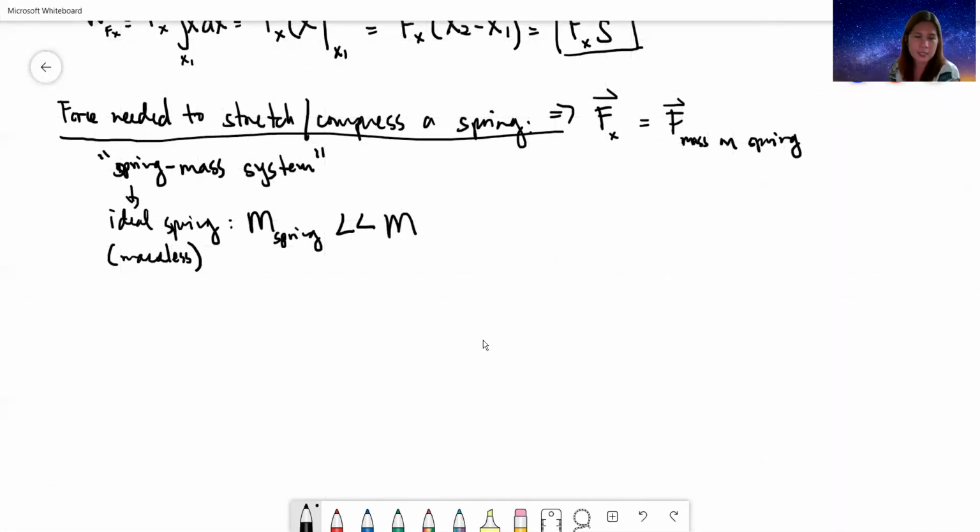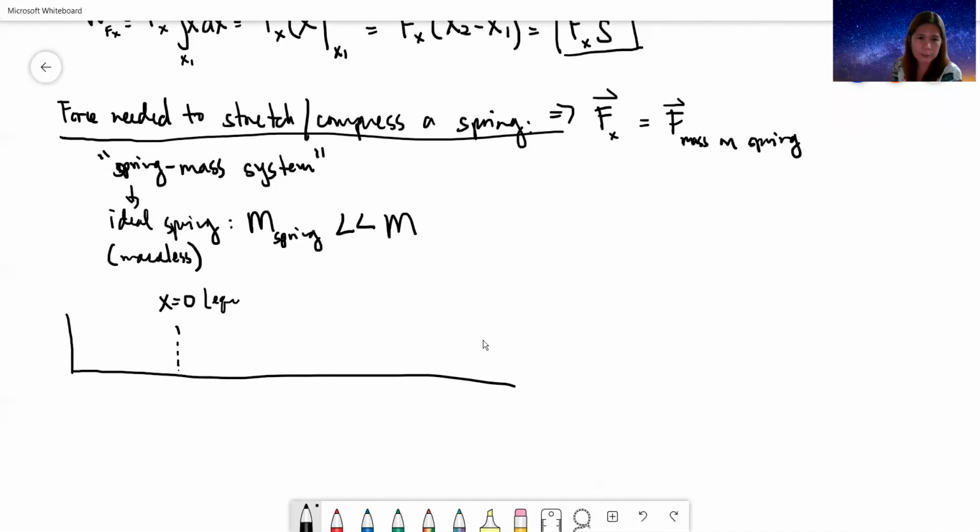Let's define the equilibrium state or equilibrium position of a spring. The spring is in its natural length, where it is not stretched and not compressed. We put here x sub 0 and use a broken vertical line. This is now the equilibrium state or equilibrium position of the spring.